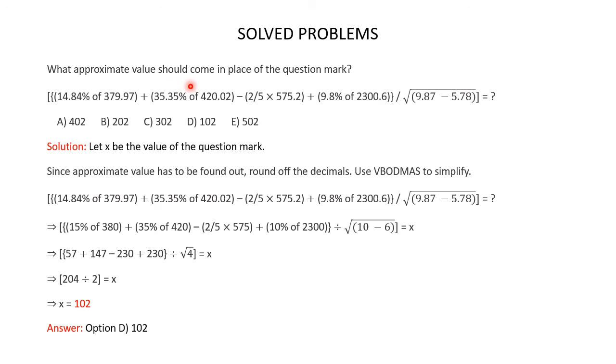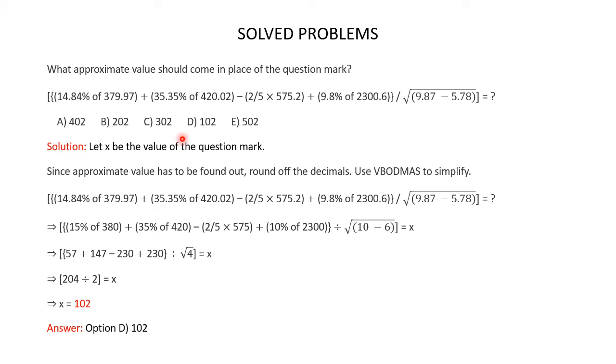What approximate value should come in place of the question mark? 14.84% of 379.97 plus 35.35% of 420.02 minus 2 by 5 multiplied by 575.2 plus 9.8% of 2300.6 slash square root of 9.87 minus 5.78 is equal to how much?